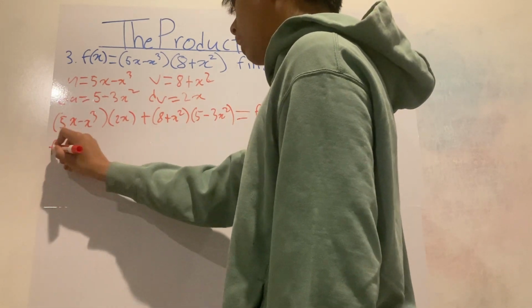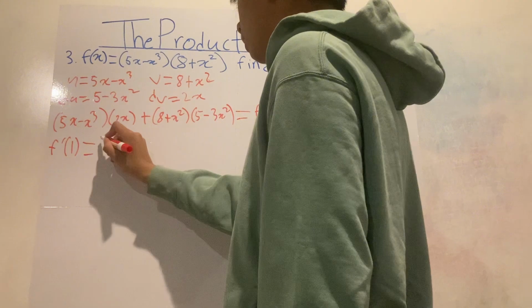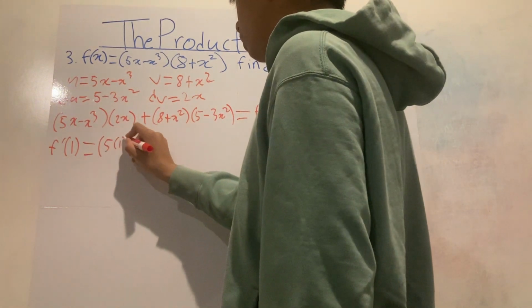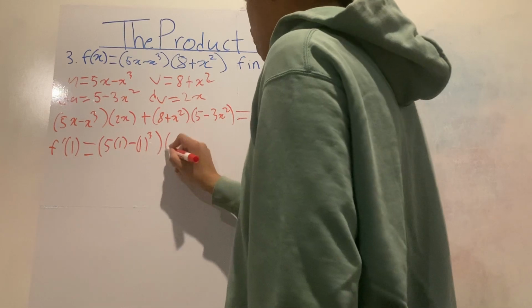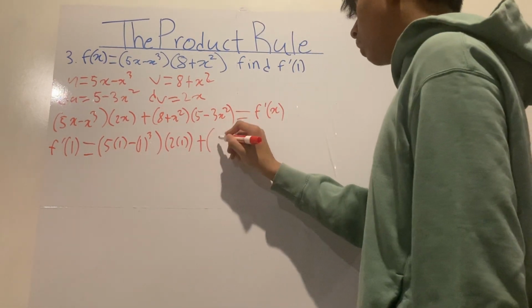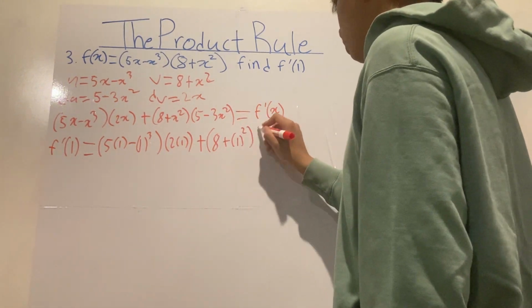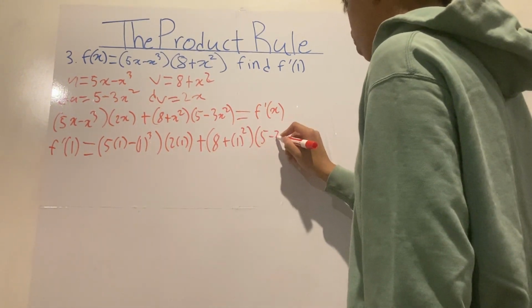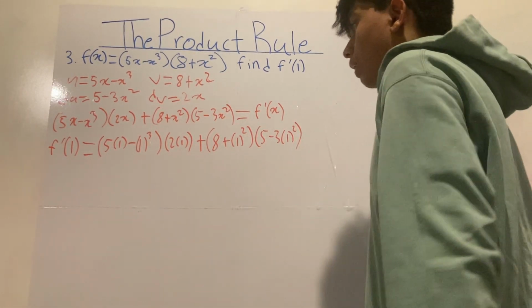So f prime of 1 equals 5 times 1 minus 1 cubed times 2 times 1, plus 8 plus 1 squared times 5 minus 3 times 1 squared. And now let's just simplify everything.